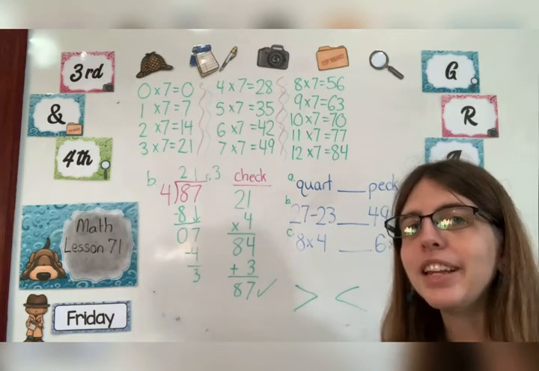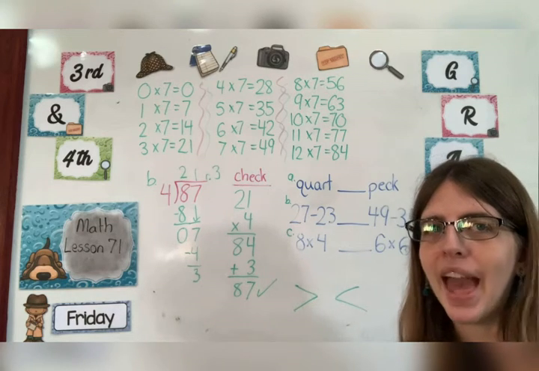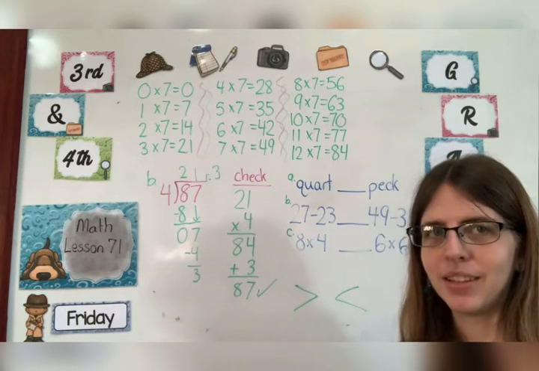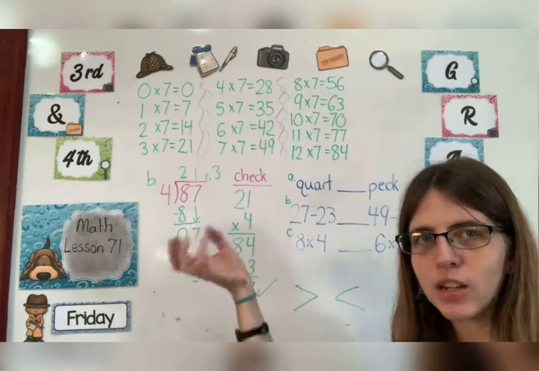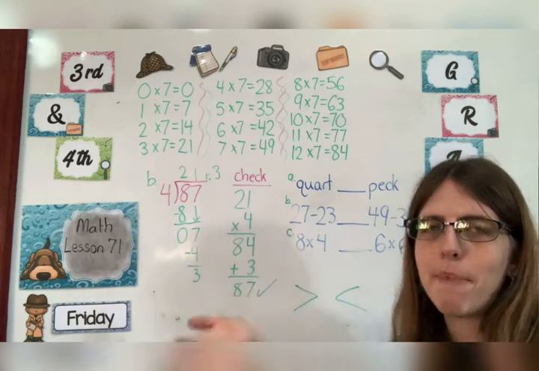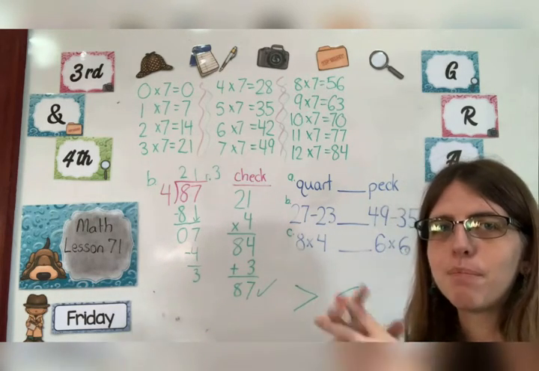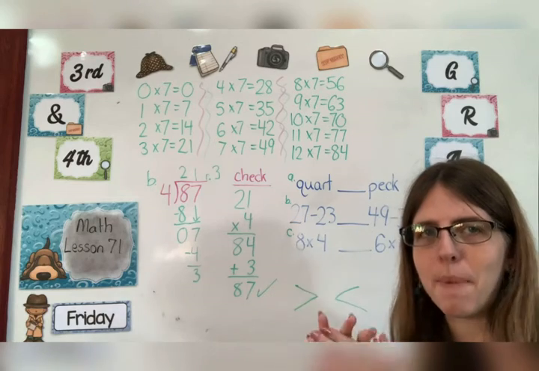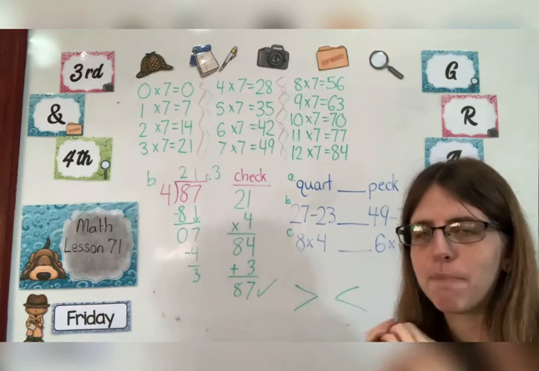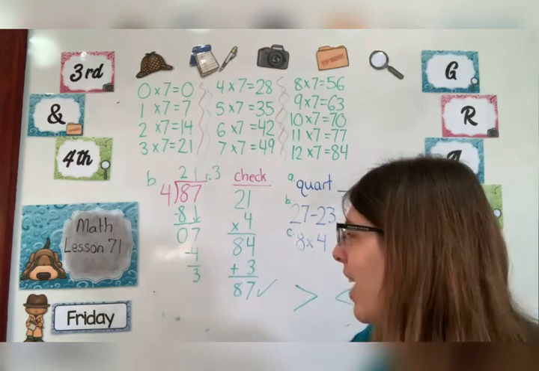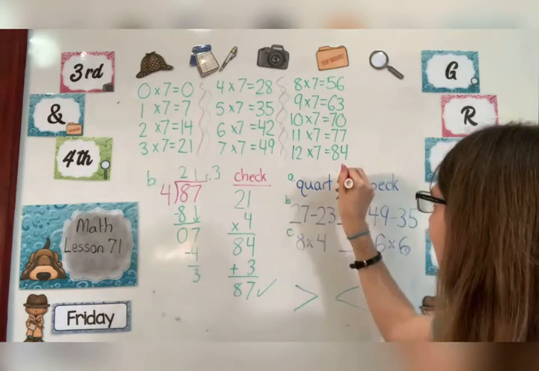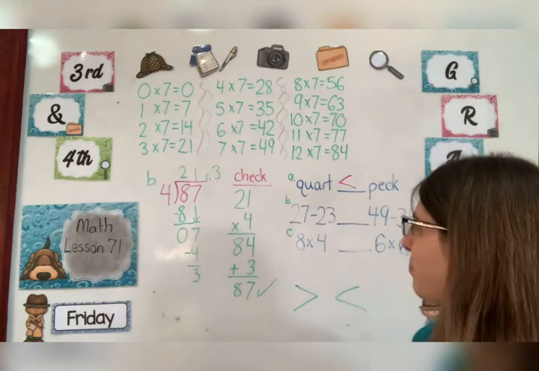There are 8 quarts in 1 peck. So that means if I have to have 8 quarts in order to have 1 peck, I need more quarts to just get to 1 peck. So that means quarts are smaller than pecks. So I would say that a quart is less than a peck.